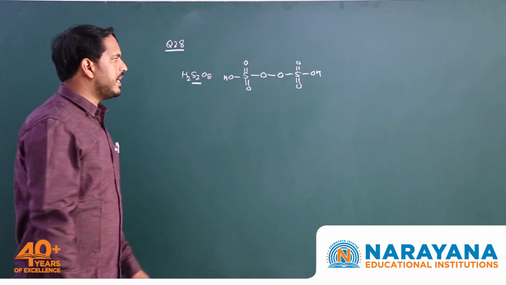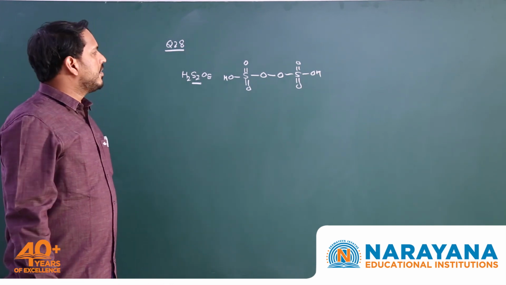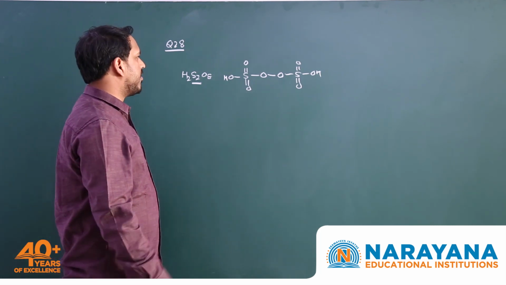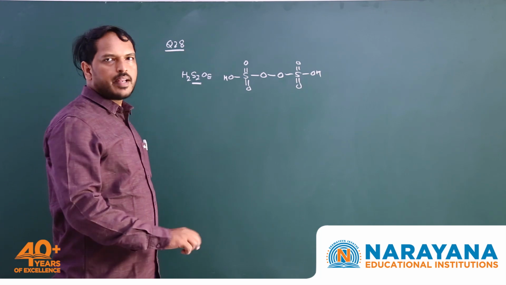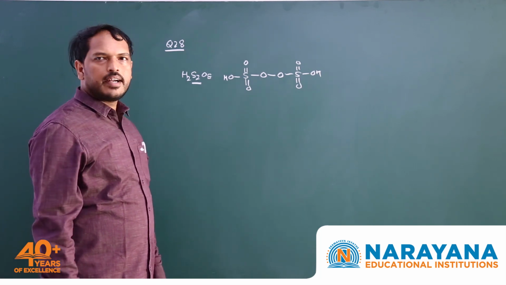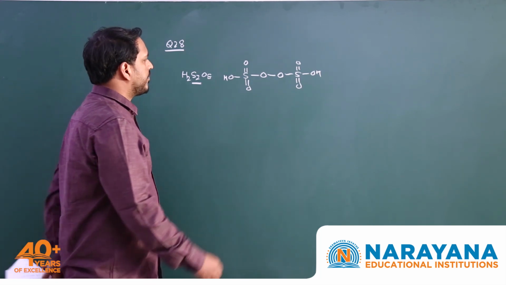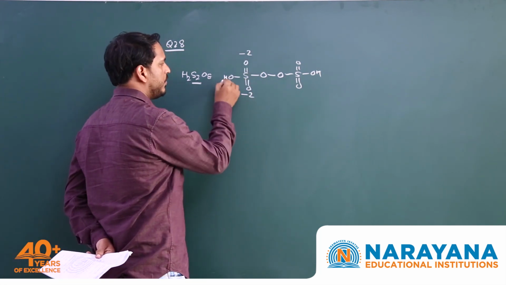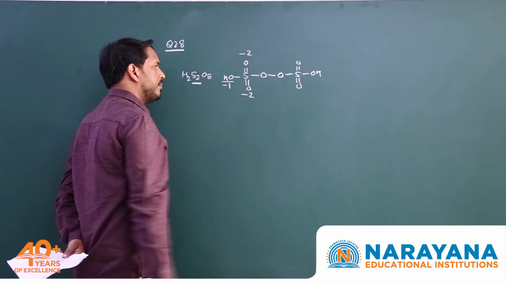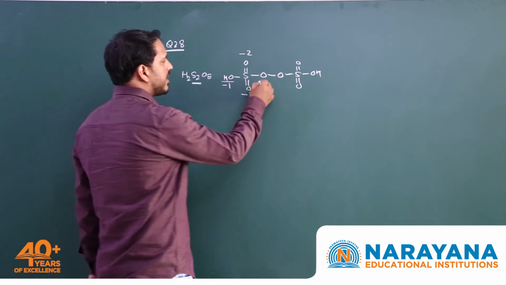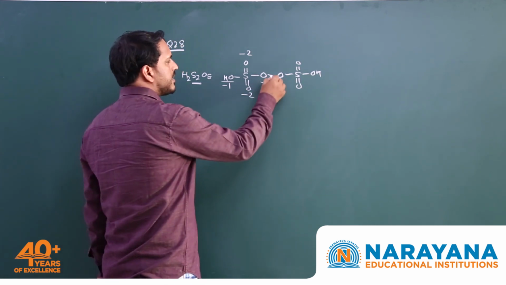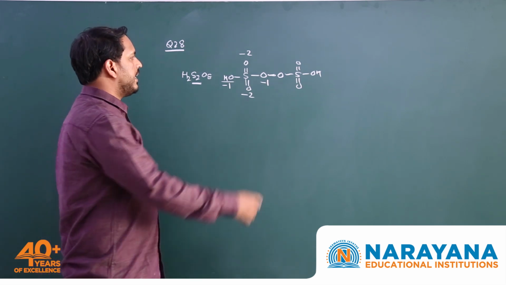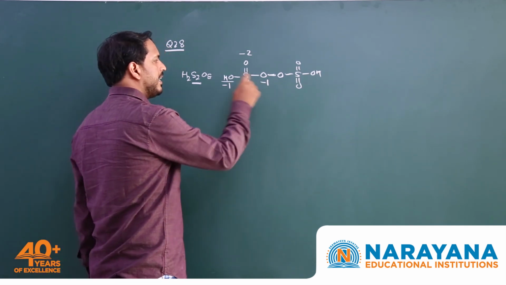So, peroxydisulfuric acid. Due to a polar covalent bond, the oxidation state of one atom will be either +1 or -1 depending on the electronegativity. Here in this case, oxygen acquires a -2 oxidation state, here -2, the charge in this group is -1, here this is also -1, this is a non-polar bond due to which there is no charge created on this atom, no polarity created.